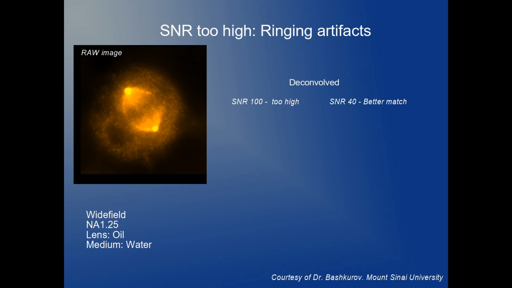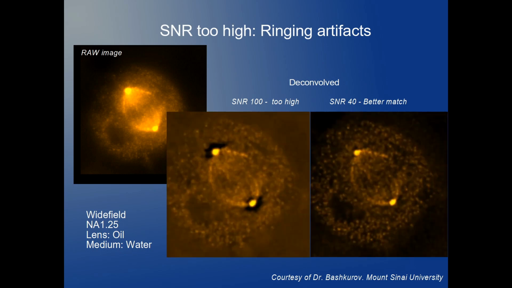Here you can see another raw image and two deconvolution results. One was the result when setting the signal to noise ratio too high, on the left hand side, and the other one has a more realistic signal to noise ratio value.